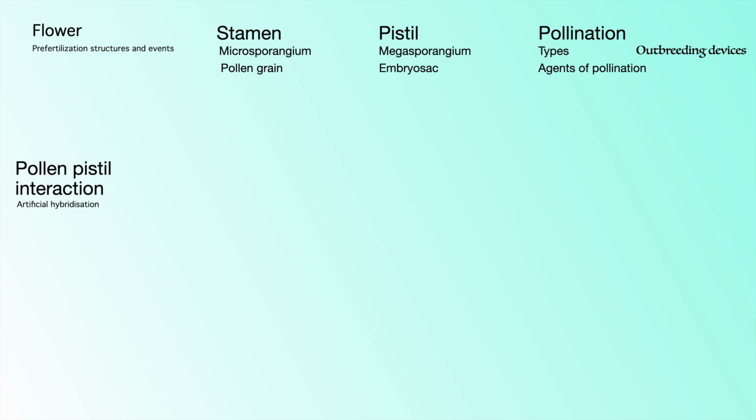Let us see what happens in unisexual flowers. Unisexual flower means the female flower has only the pistil. There is no stamen, so there is no risk of self-pollination. So emasculation is not required in unisexual flowers. But still, it can be pollinated by other pollen grains.